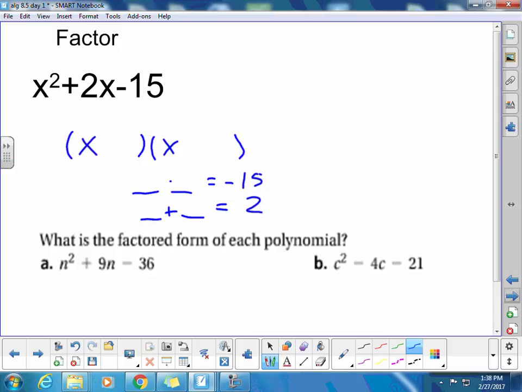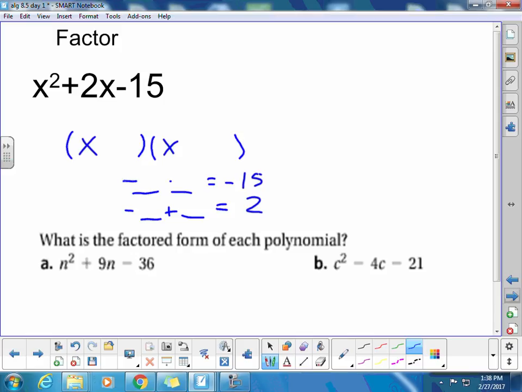What are their signs going to be? If they multiply together and give me negative, what do I know about their signs? Hopefully you've come to the determination that one has to be a negative, one has to be a positive.